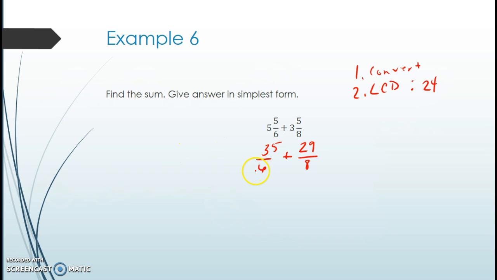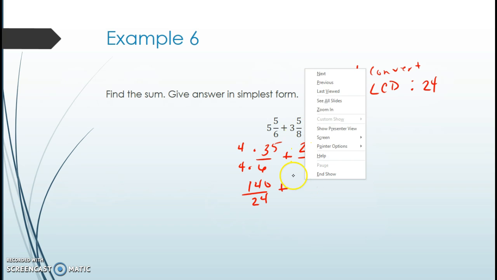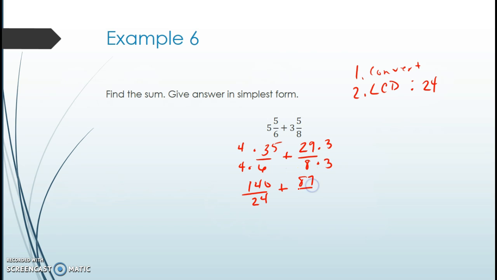And so I'm going to take 6 times 4 to get to 24, so that means I'm going to take 35 times 4. So 35 times 4 is 140, so we have 140 over 24, plus, and then we're going to take 8 times 3, so then I need to take 29 times 3, and 29 times 3 is 87, so we have 87 over 24.